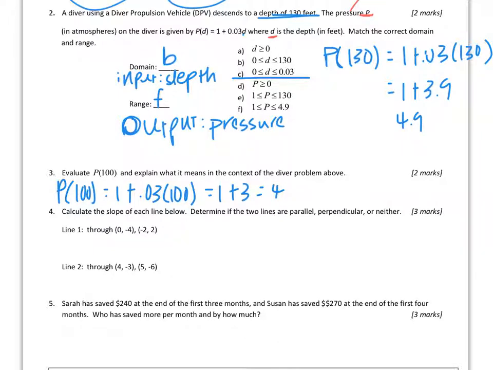It means that pressure is 4 when depth is 100. So talk about something, identifying which variable is which, knowing the input and the output matches with depth and pressure.